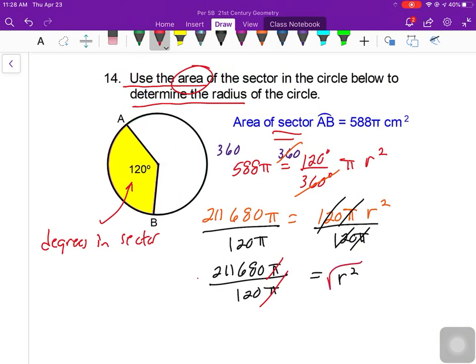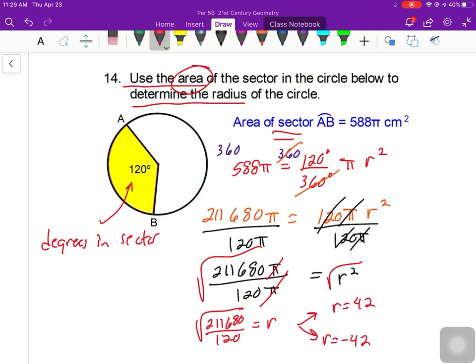But we have to take the square root of both sides. So what we're going to enter into our calculator is this. Well, that actually works out to be 42 or negative 42.